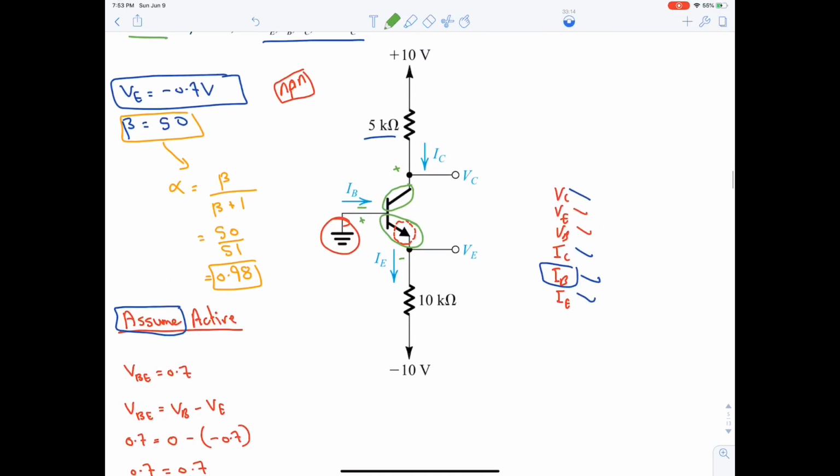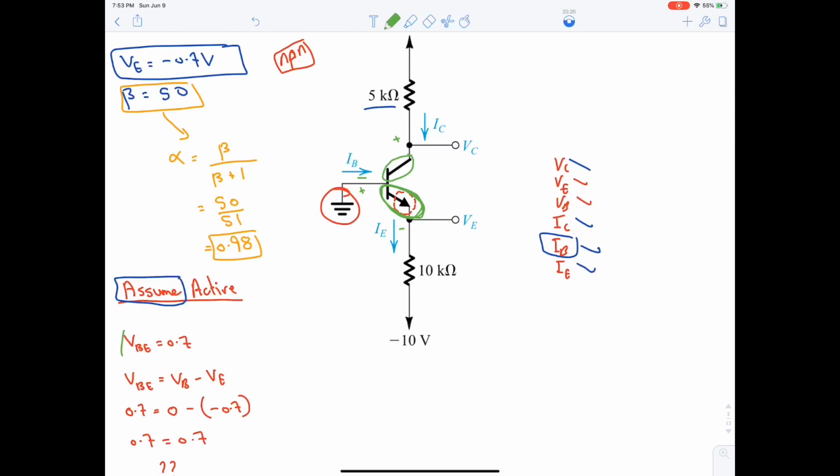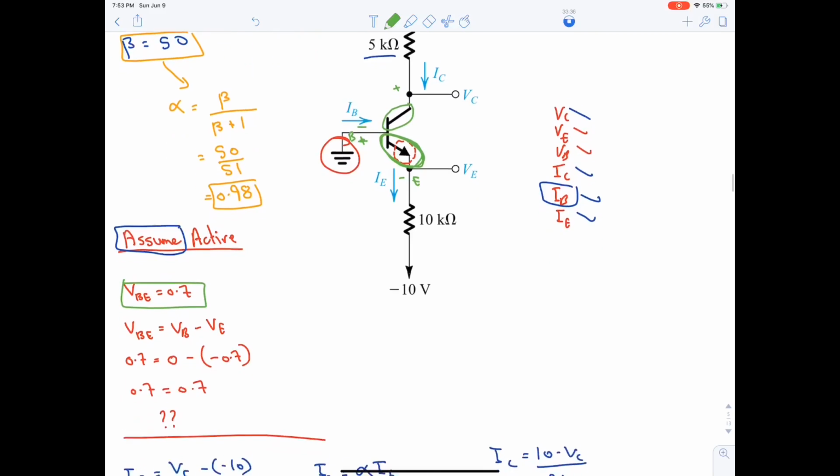let me tell you a way how to memorize which side is the check. Now the arrow is always equal to the 0.7. For example, here we said that VBE is 0.7. This is B and this is E, so the arrow is the 0.7. The one opposing the arrow is the check.